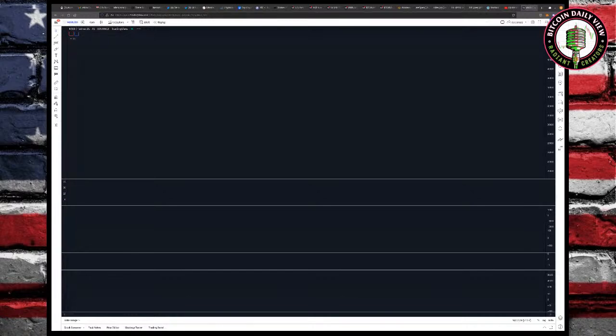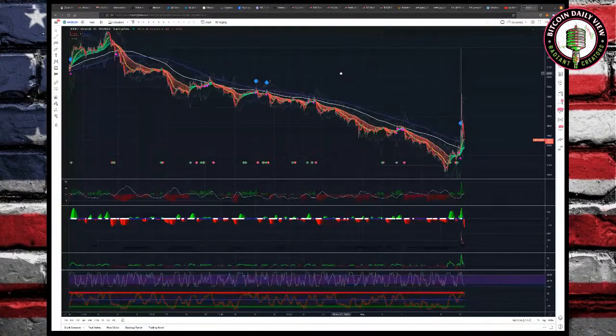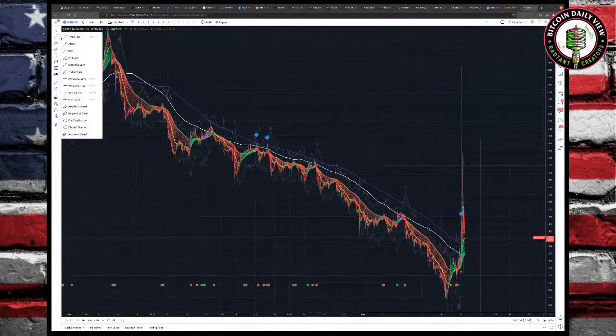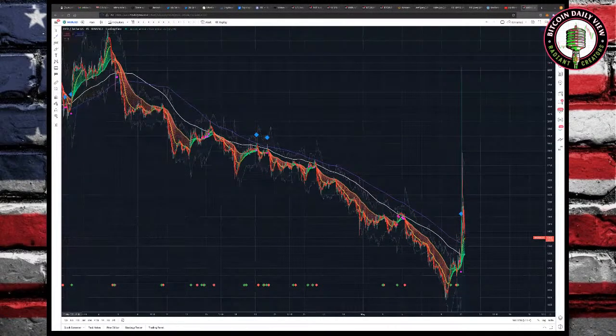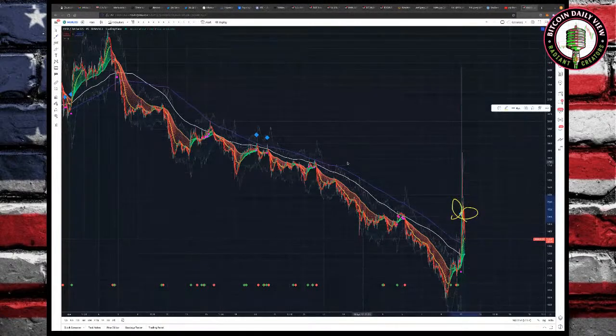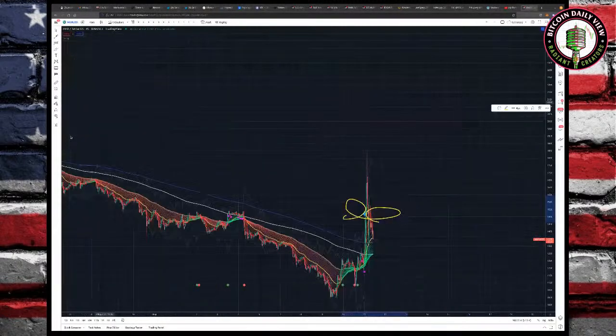This is a great example where you got a coin that's been giving it back for a long time, giving it back, giving it back, occasionally getting blue diamond merit badges here, trying to make a recovery, but just could not keep it. And one day, that blue diamond merit badge is for real. And look what happens. Bam, explosion. Now that insanity has happened, where are we?